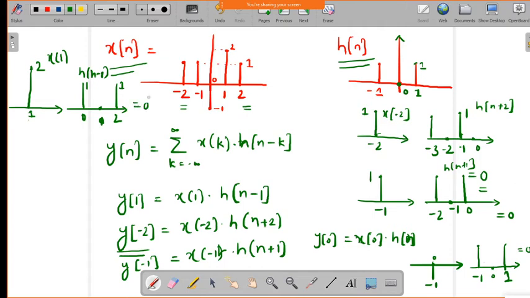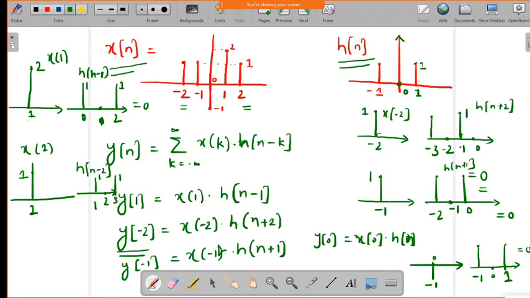Okay, so now x of 2. What will happen at x of 2? x of 2 will have the signal with 1 at 2. Now h of n minus 2. So what is h of n minus 2? Shift the signal by 2 units, so at 1 we will have 1, at 2 it will be 0, and at 3 it will be 1.